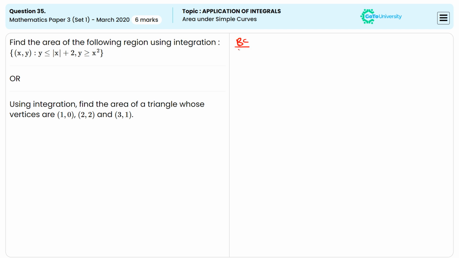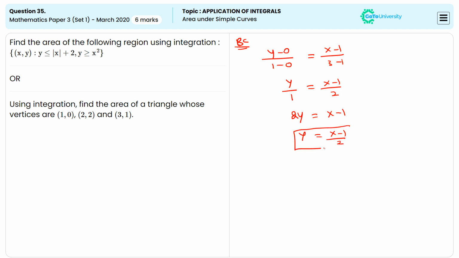Similarly, for segment BC, we can write (y minus 0) divided by (1 minus 0), which is equal to (x minus 1) divided by (3 minus 1). If we simplify this, we get y by 1 equal to (x minus 1) by 2, so 2y equals x minus 1, and y equals (x minus 1) divided by 2. So this is the line segment BC.